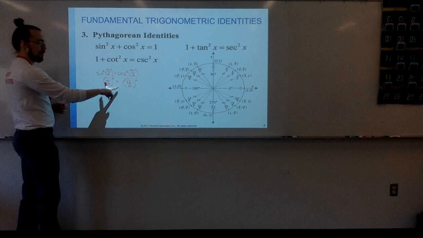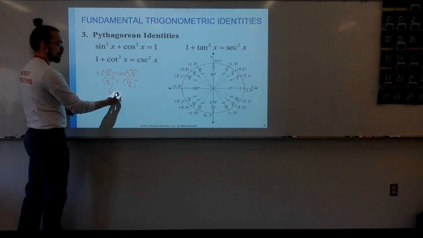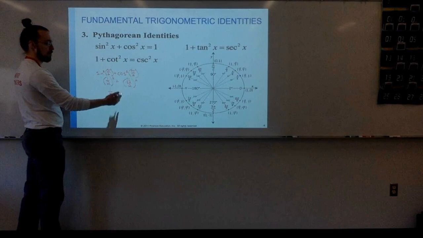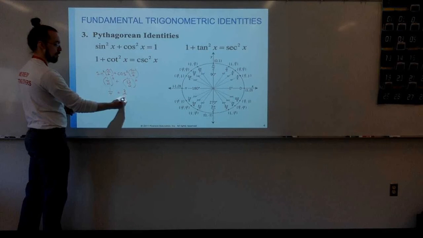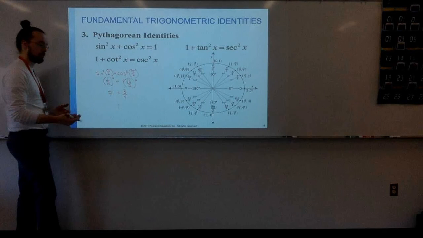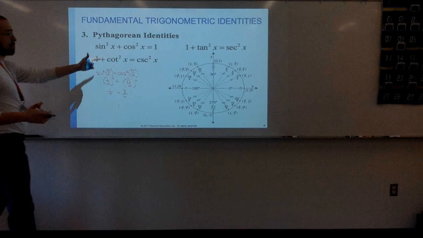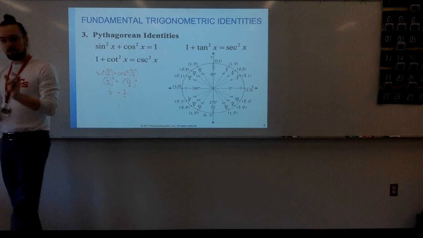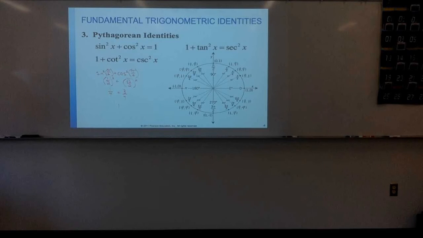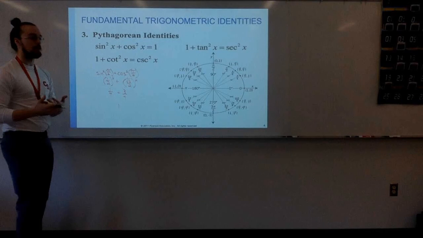The square root of 3 over 2 squared would be 3 over 4. 1/4 plus 3/4 is 1. This ends up working for every single angle. If we take the sine value of an angle and square it, and add the cosine value of that same angle squared, we will always get 1.